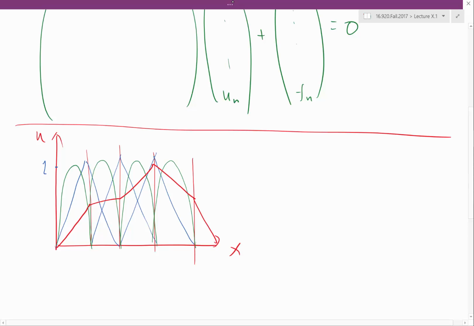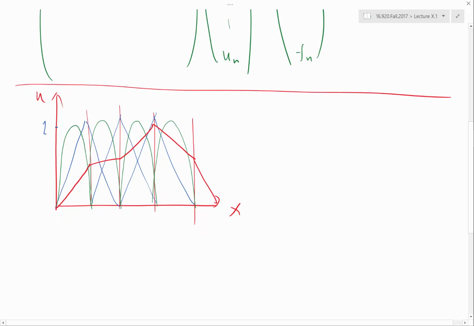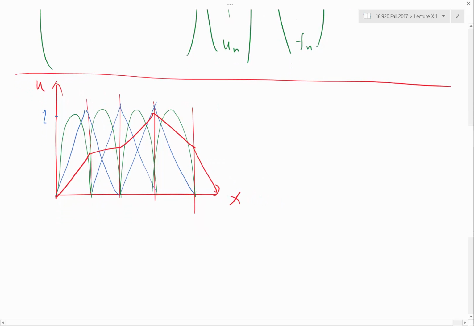All right, so basically you have all these elements, and for each element, you assemble a local matrix, right? For each element, in this case, for Poisson's equation, if you have piecewise linear basis functions, you assemble a 2 by 2 element matrix.